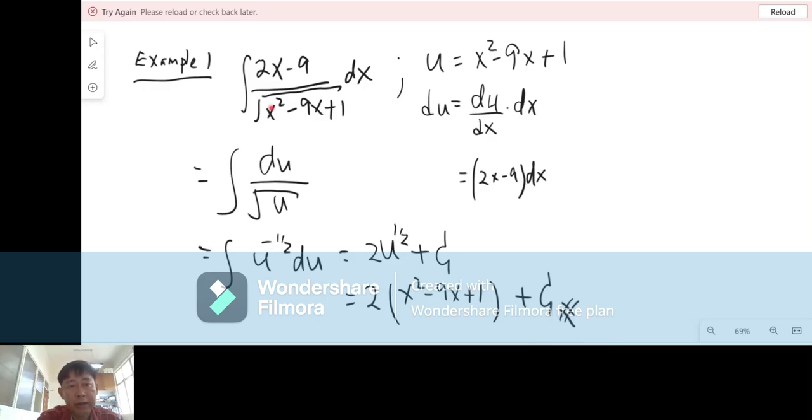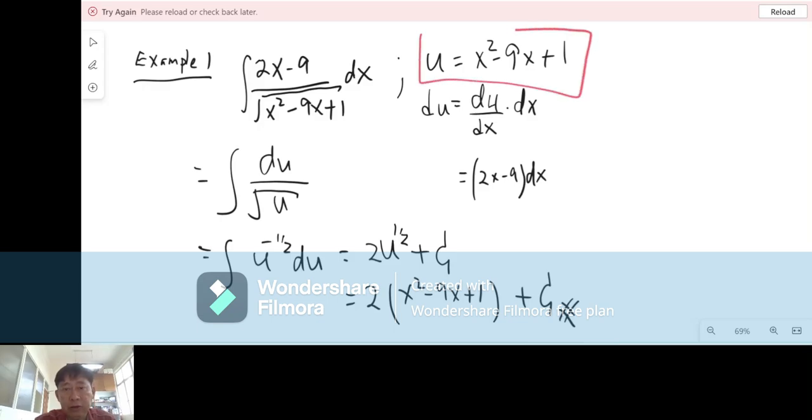And we also recognize that the numerator function is related to the quadratic term in the denominator function via the differential relationship. Once you define the substitution u in terms of x squared minus 9x plus 1, then du will be just the expression of the numerator function.